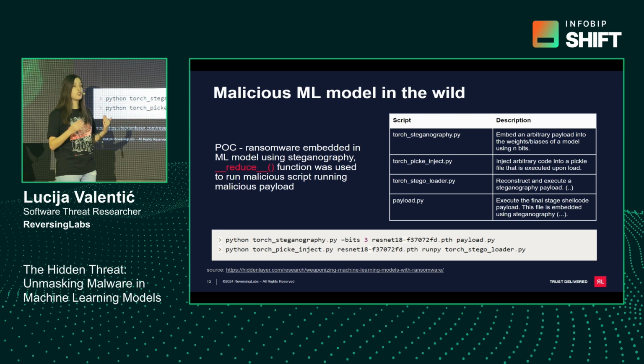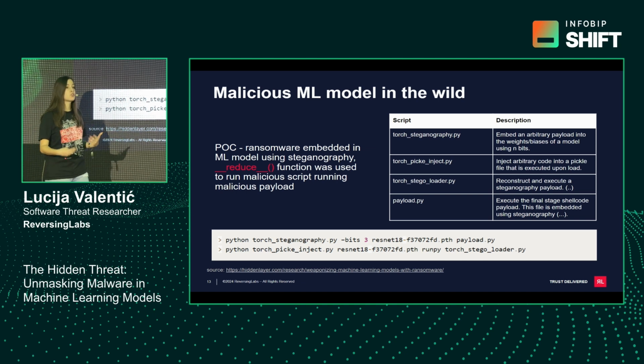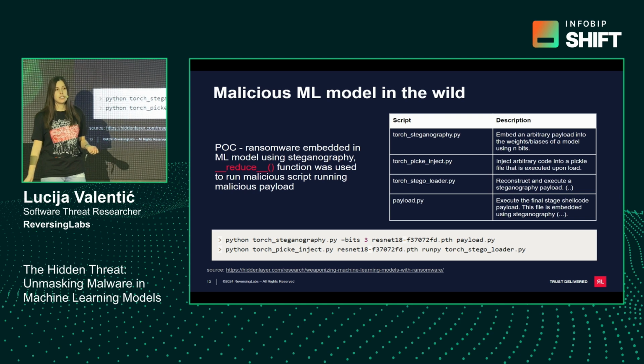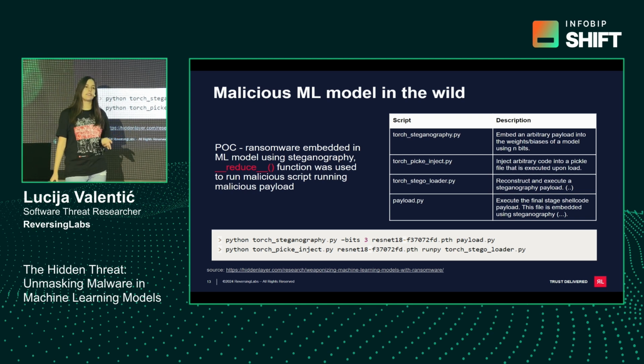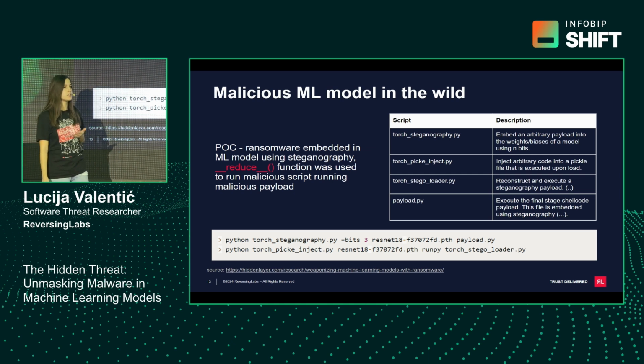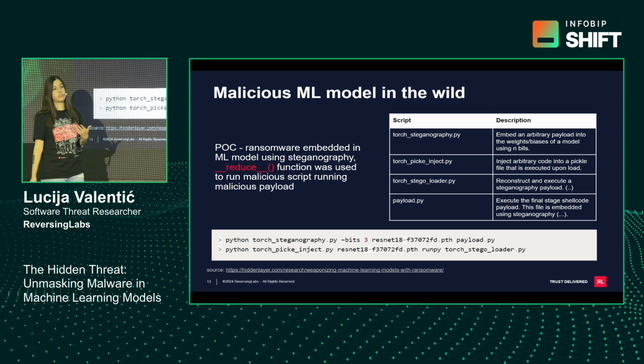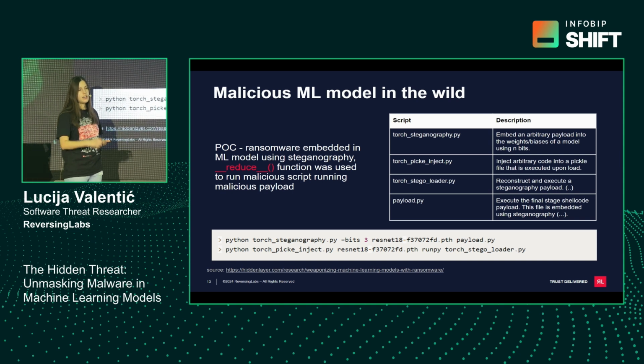Of course, they also injected a malicious script that would, once the model was used, once it was loaded, execute ransomware. And here we have only 2 commands that are necessary to turn a model that is goodware from the start, ResNet18 is what they used, researchers at HiddenLayer, into a malicious model that would, once loaded, execute ransomware.